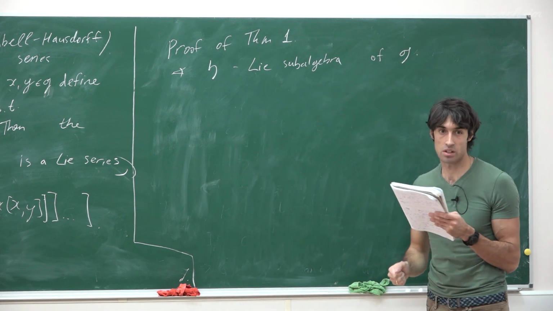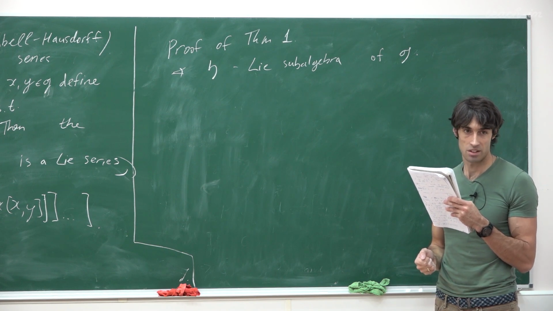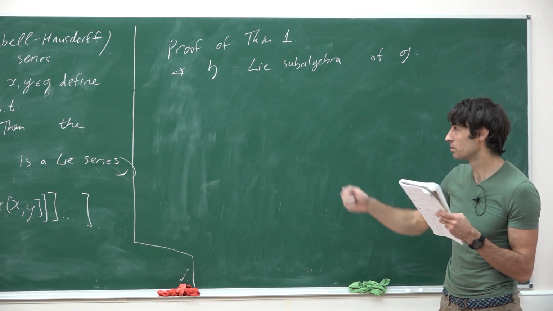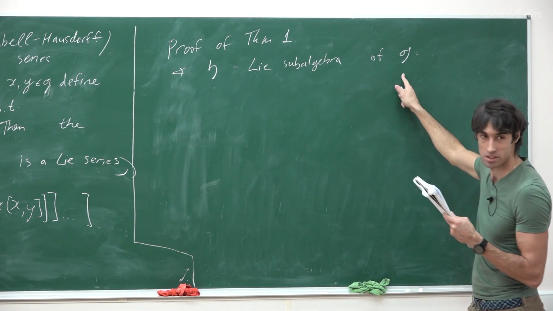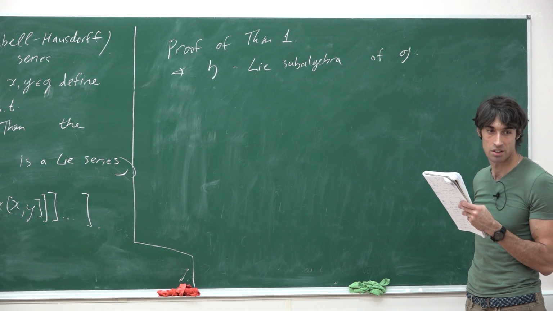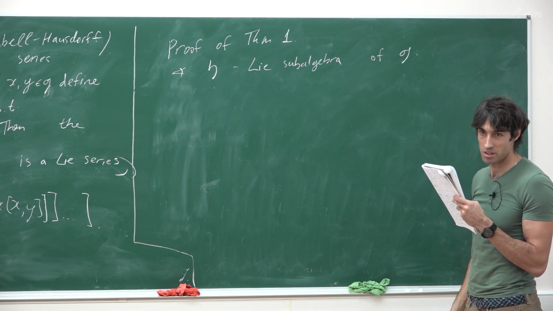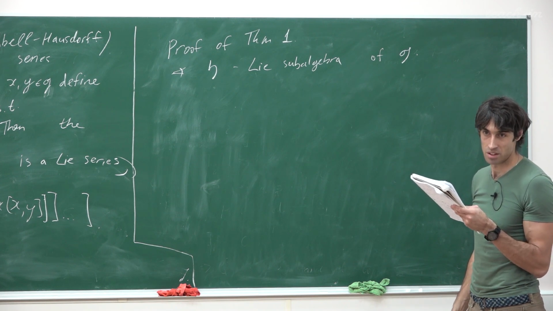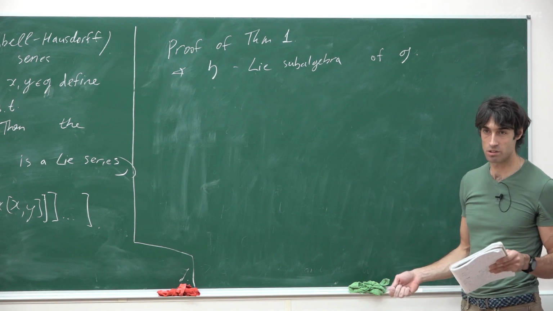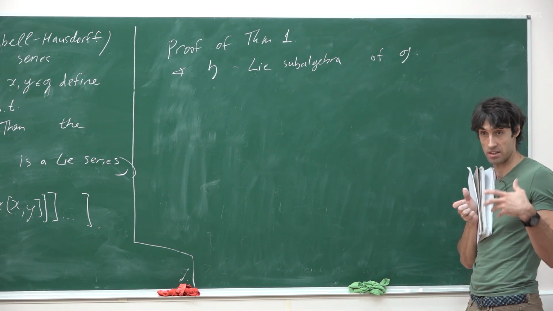And then you do something very natural, right? What would you think? So how do I create H inside capital G? What do you think? Well, yeah, exponential. Yeah, so you take the exponential, which gives you something.